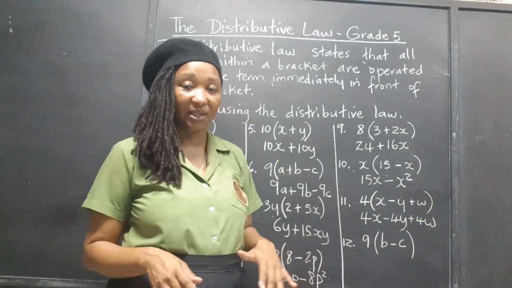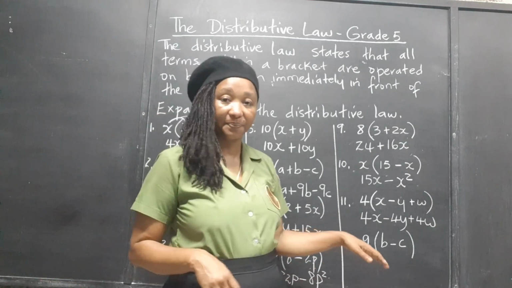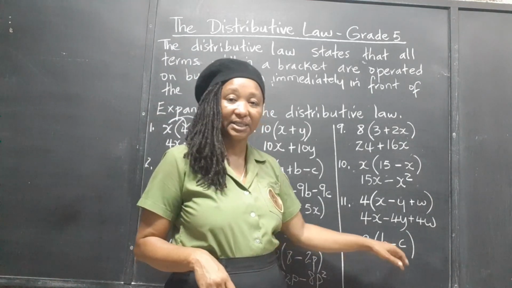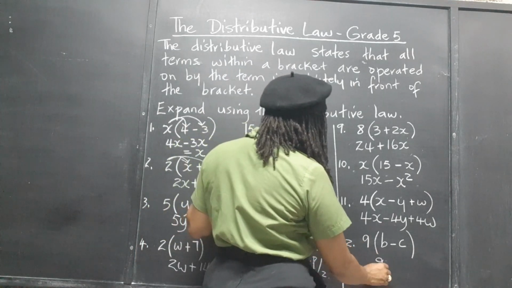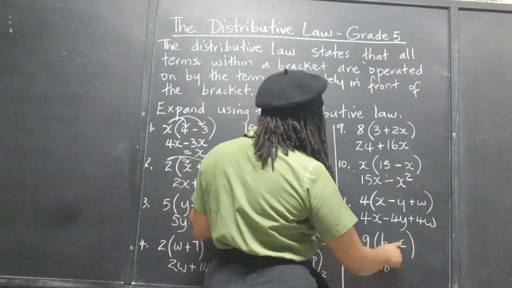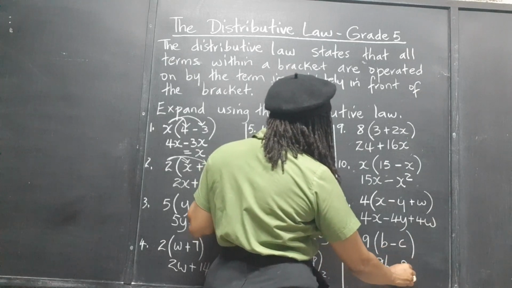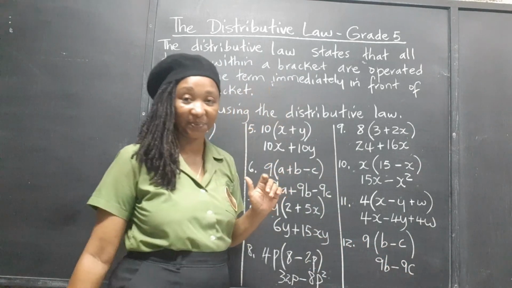So the signs are not affected. And finally, 9 times b, that's 9b. 9 times c, that's 9c.